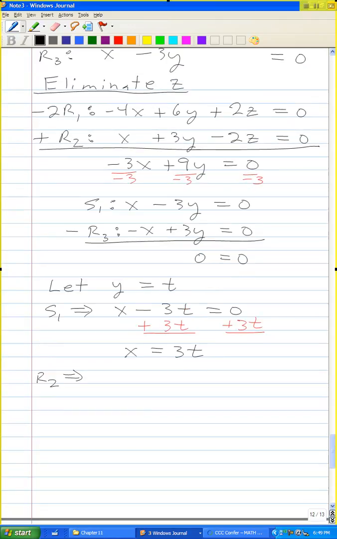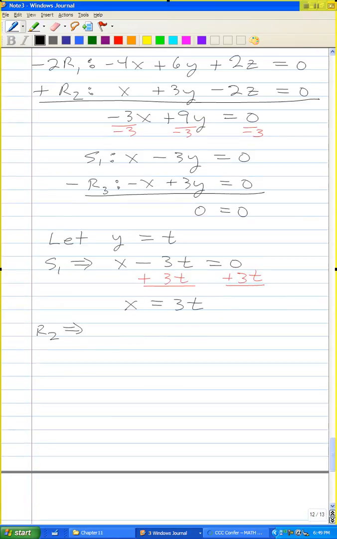So R2: x plus 3y minus 2z equals 0. So 3t plus 3t, 6t minus 2z is 0.